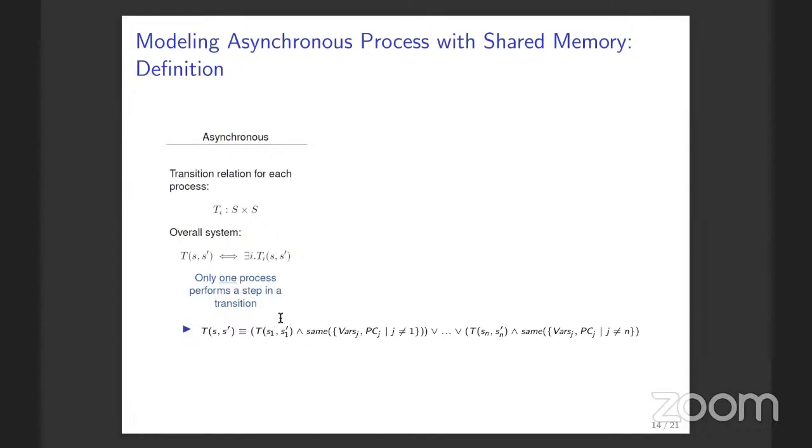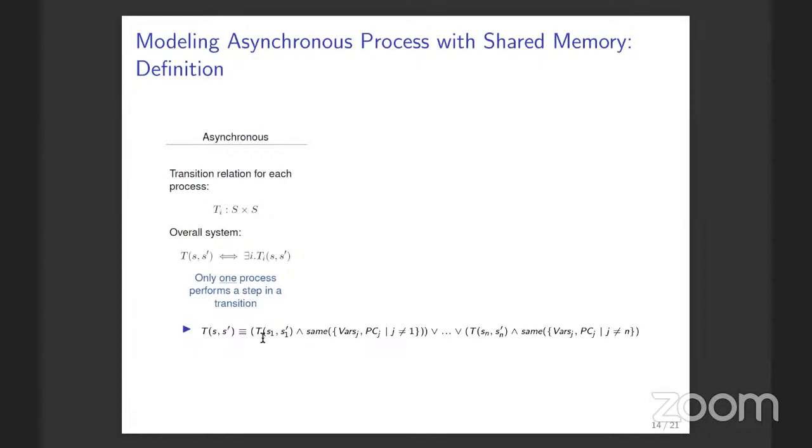And this semantics, where you choose some arbitrary transition system to advance, is captured by a disjunction. Okay. So look at what I'm saying.